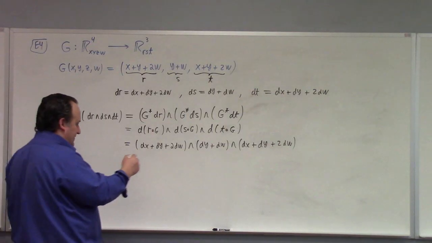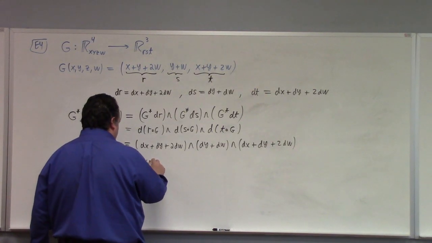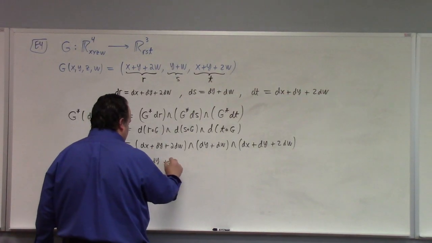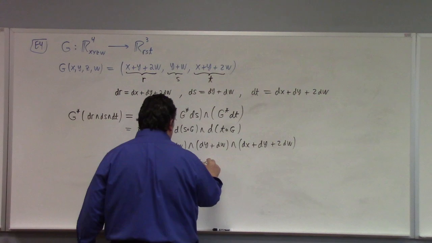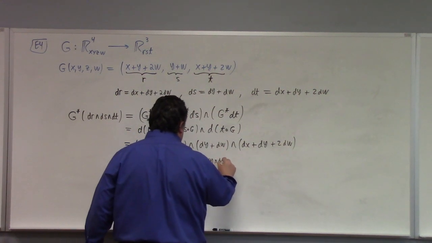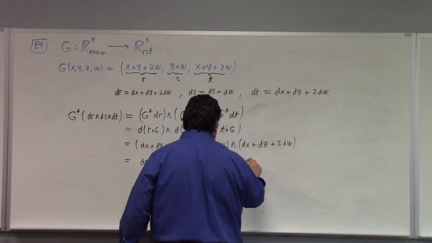Well, let's work it out and see what happens. So we got dx wedge dy plus dx wedge dw plus dy wedge dw plus twice dw wedge dy.